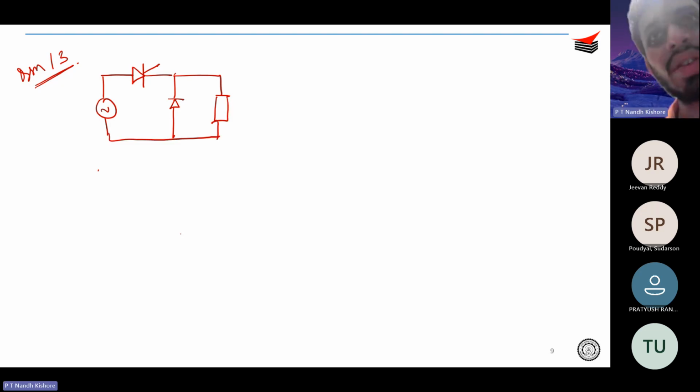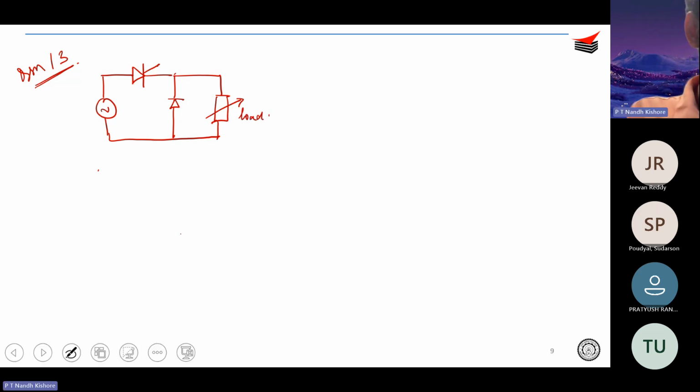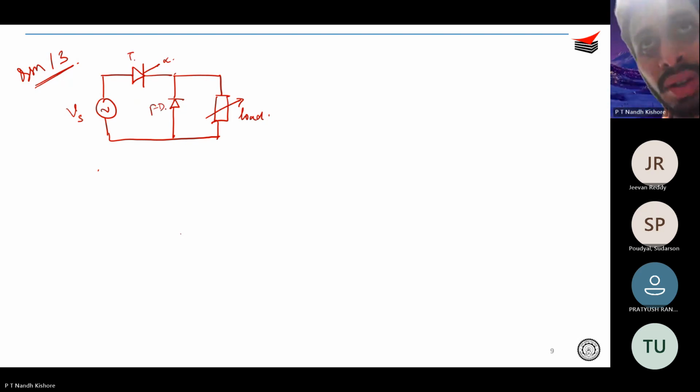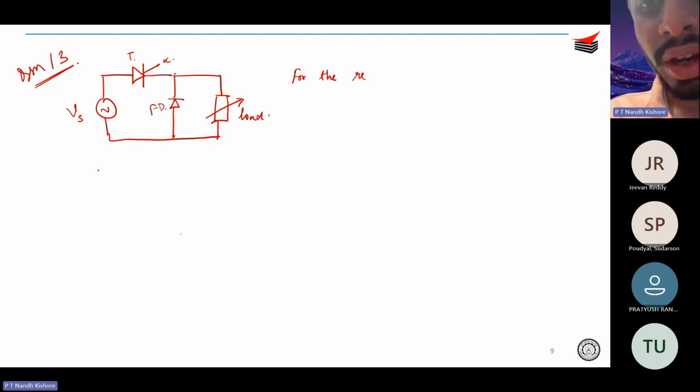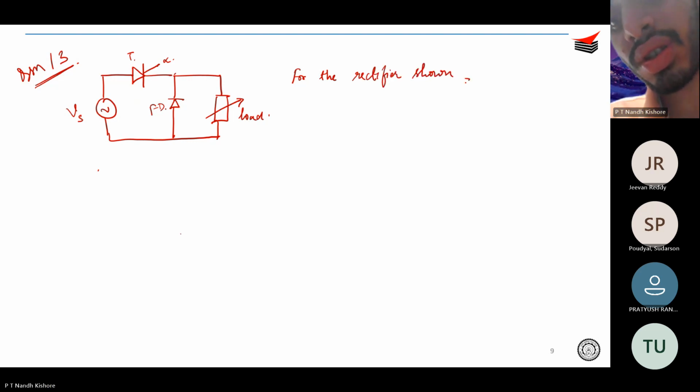So this is the load and this is Vs. This is your thyristor and this is your freewheeling diode. So for the rectifier shown in the figure, R is 10 ohm and L is 0.05 henries.